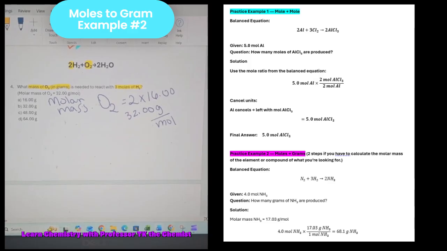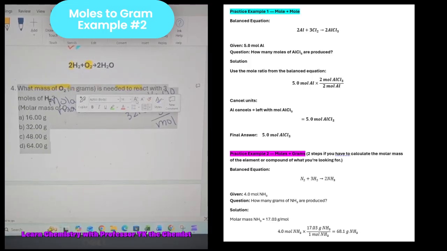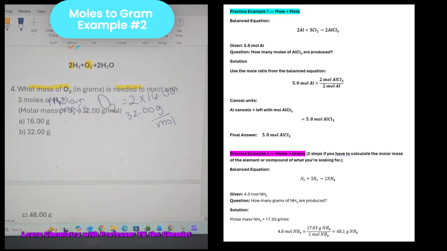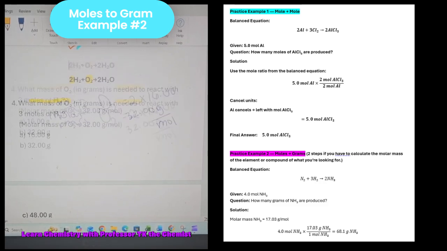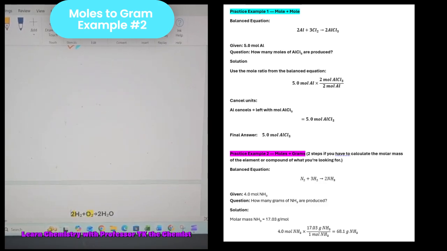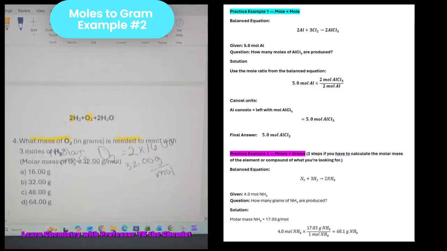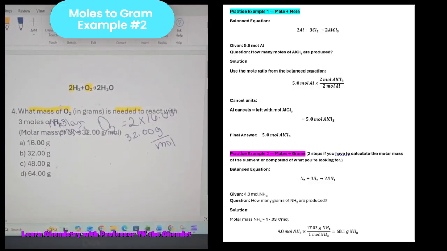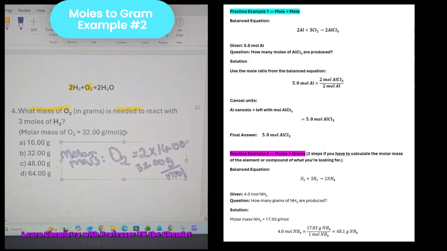Matter of fact, let me make this larger. We're going to use this whole space right here so that you can solve that. There we go.